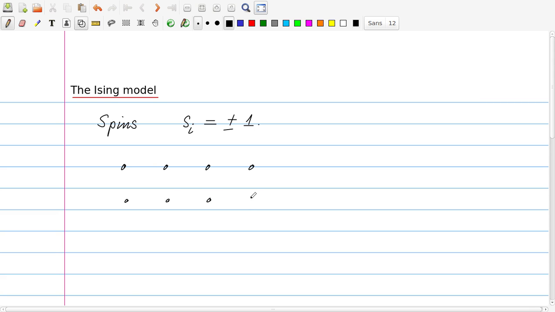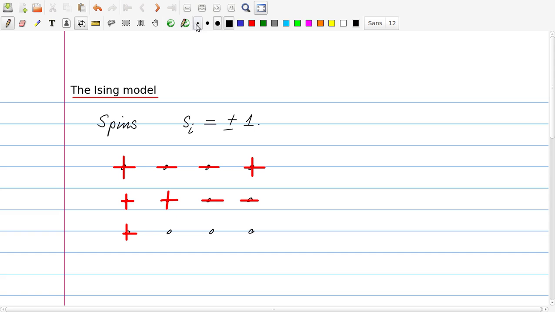So these are the lattice sites, and on each lattice site we have a spin, and the spin can have a value up or down, or it's +1 or -1, and I will indicate that now by a plus if it's +1 or a minus if it's -1. So at each site we can put either a plus or a minus, and so on and so on.